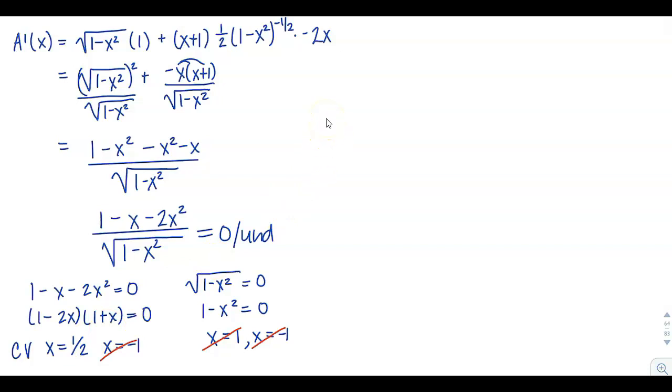So let's go ahead and draw ourselves a number line. And that number line is only going to extend from 0 to 1, because those are really the only potential values that we could have for x. In fact, I can't actually even have 0 and I can't have 1 because there would be no trapezoid at that point if we let x equal 0 or 1. So our critical value is 1/2.